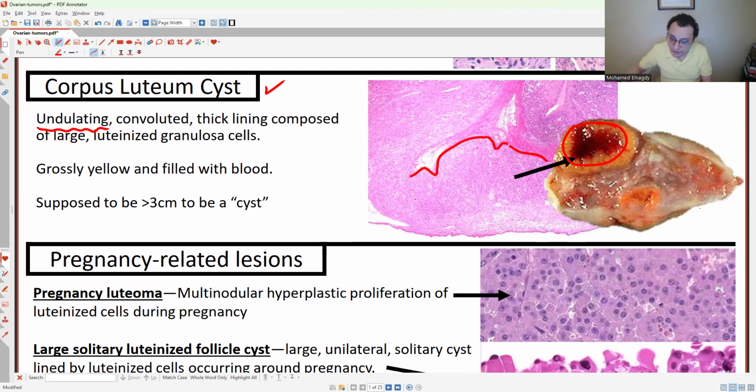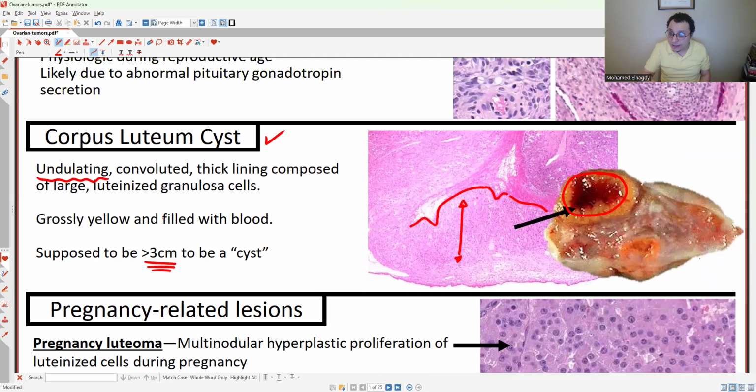If it's undulating and the lining is very, very stratified, she sometimes calls it corpus luteum cyst, and it's usually very huge or large, maybe more than 3 centimeter, with common hemorrhage inside. Because what happened in corpus luteum cyst is there is a ruptured corpus luteum or a ruptured Graafian follicle, and the ovum got picked up by the fallopian tube, but the remaining corpus luteum did not degenerate.